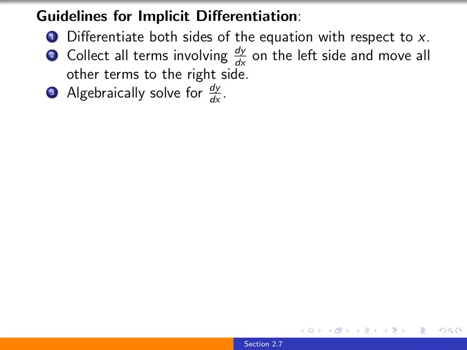In terms of implicit differentiation, let me just note a few circumstances where we have to be careful. Occasionally we might see something like, say, the derivative with respect to x of a term like xy. And when we see this, we remember that y, we're really thinking of it as a function that depends upon x. So we have one function of x, the x, times a second. So what we are going to have to use is the product rule.